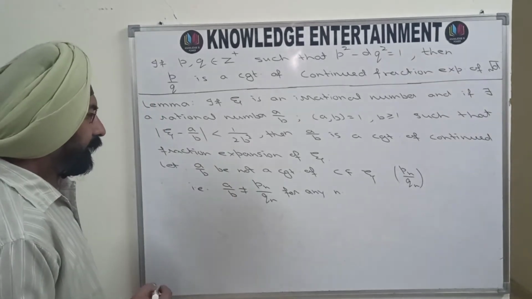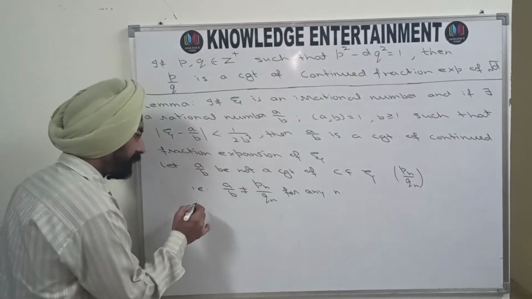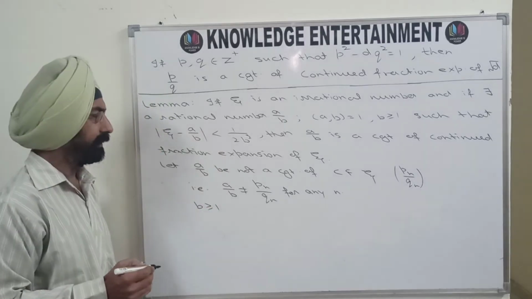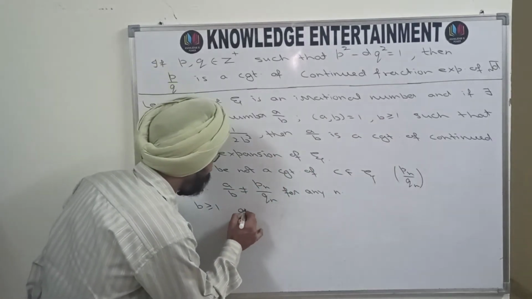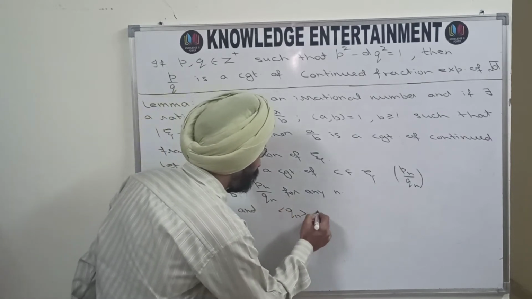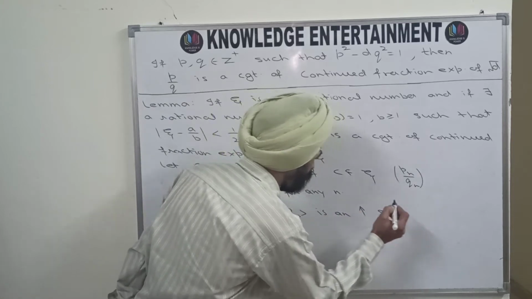Now one thing is clear, that b is greater than or equal to 1. This is given. And we know that q_n is an increasing sequence.